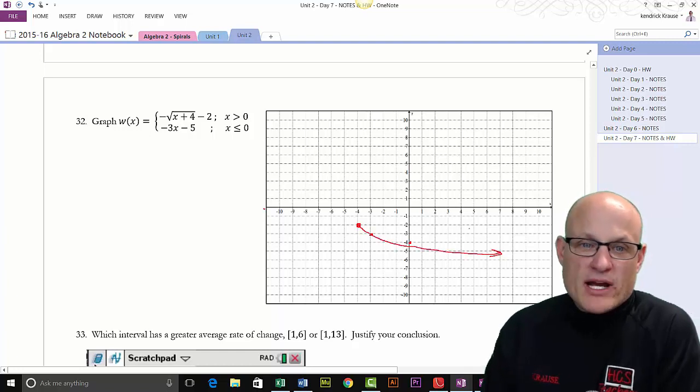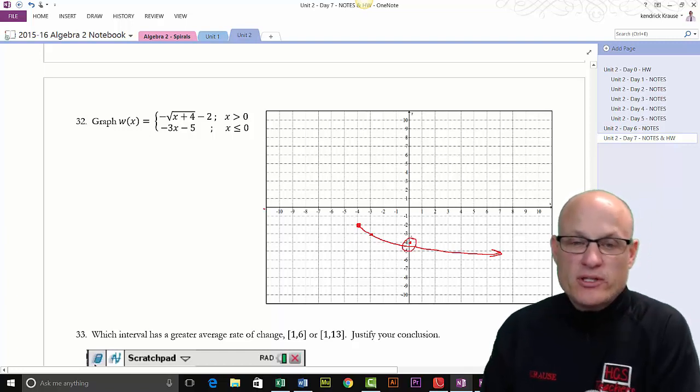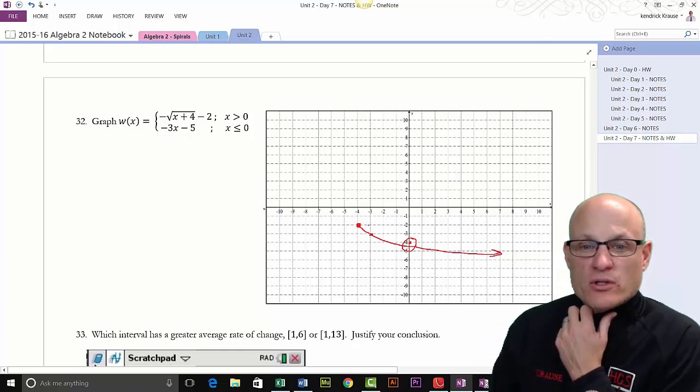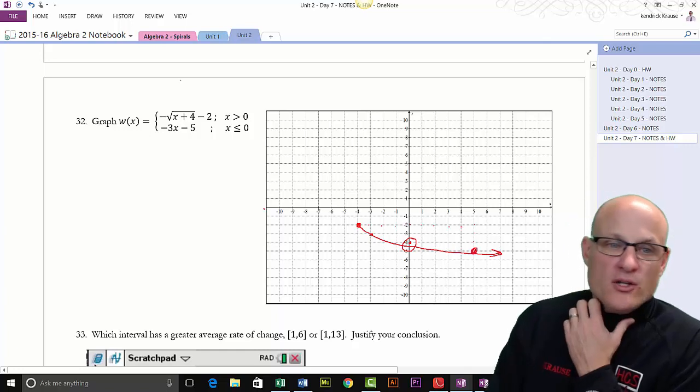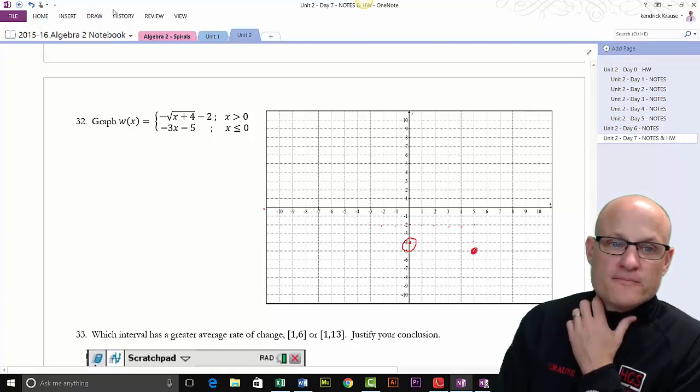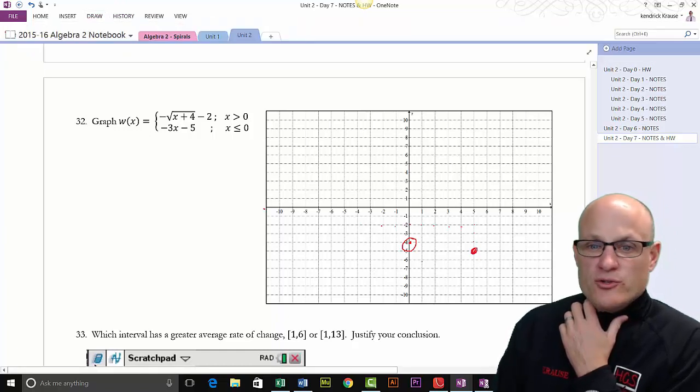I only want a graph where x is greater than 0. So what I need is an open circle here. So now I need to know, I'm going to go over 9. 1, 2, 3, 4, 5, 6, 7, 8, 9, and down 3. 1, 2, 3. So those are the 2 points I really got to get through, because I only want to go from 0 to above 0.